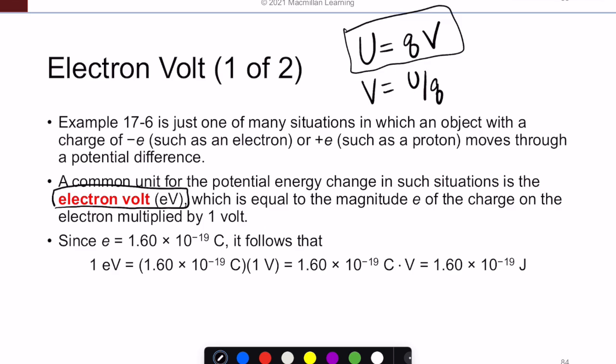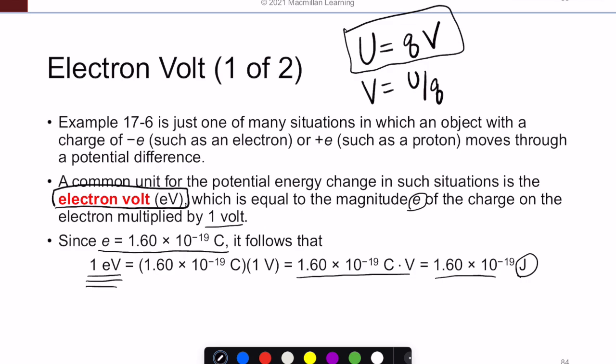An electron volt is an energy that is equal to the magnitude of the charge of an electron times 1 volt. And since we know the charge of an electron is 1.6 times 10 to the minus 19 coulombs, the energy value of 1 eV is 1.6 times 10 to the minus 19 joules.